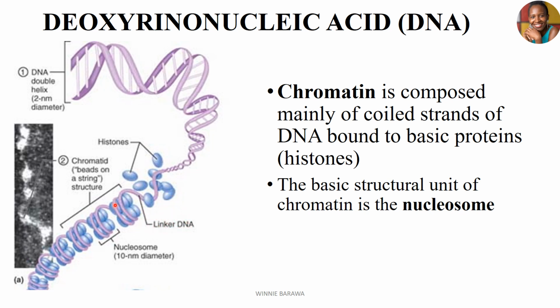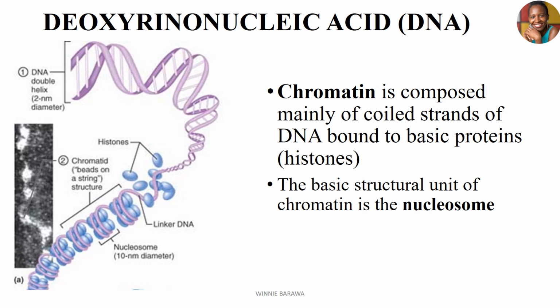The areas where we link one nucleosome to the next nucleosome, we call the linker DNA. And this now will give us the chromatid. So chromatid simply looks like beads on a string. But this is our DNA, which is now coiling. Every time it coils on a histone, it will be a nucleosome, and as this nucleosome connects to the next nucleosome, we create the chromatid.